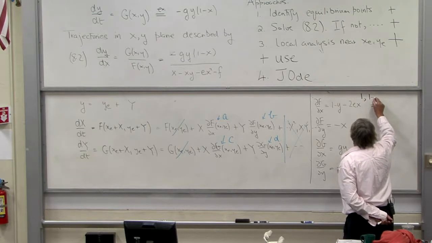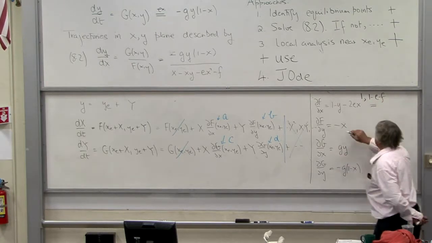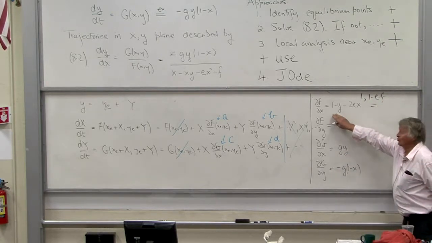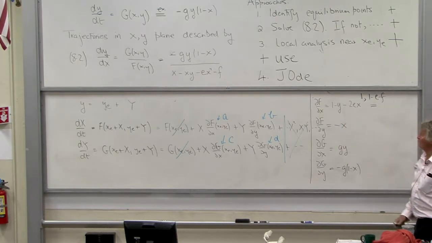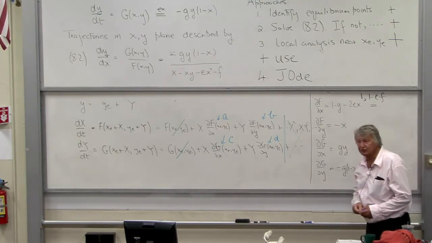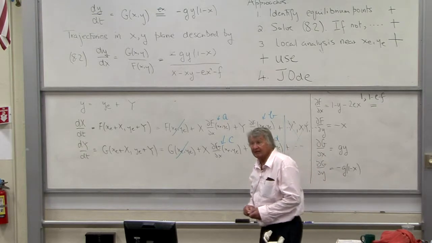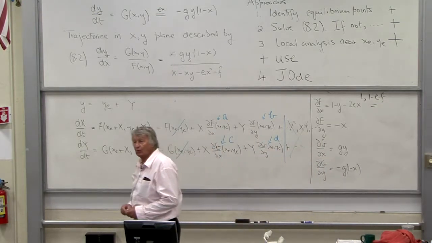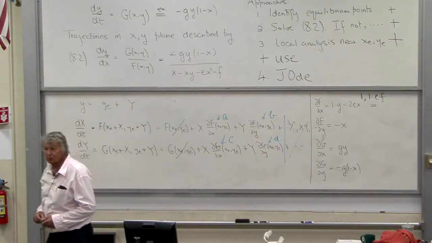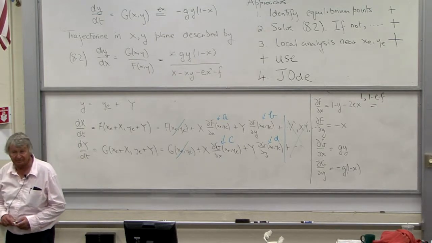1 minus e minus f. Okay, so could you all just calculate what would 1 minus y minus 2ex be if you take x equal 1, y equals 1 minus e minus f?